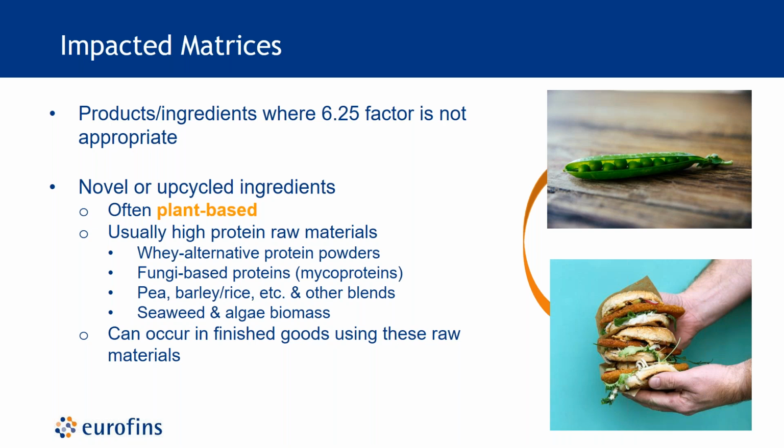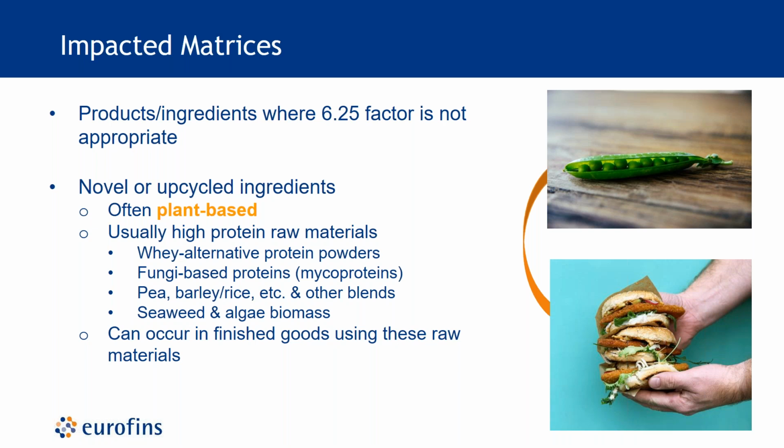So when you think about how I described that 6.25 came about originally, remember that factor was evaluated using animal sources of protein, what was traditionally in the diet at that time. So it was very representative of things like red meat, chicken, those animal sources of protein.